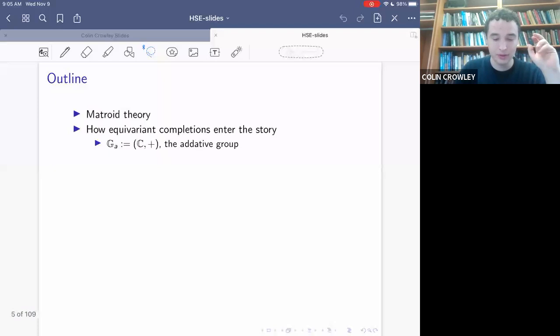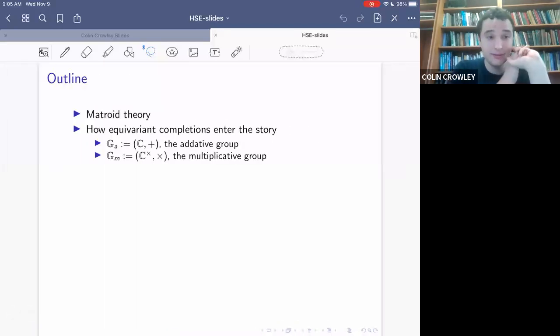The two groups that I will be talking about equivariant completions of are the additive and the multiplicative group of complex numbers mostly. For concreteness, I'll be over the complex numbers. It works for algebraically closed fields of characteristic 0 and with slight modification for any algebraically closed field.